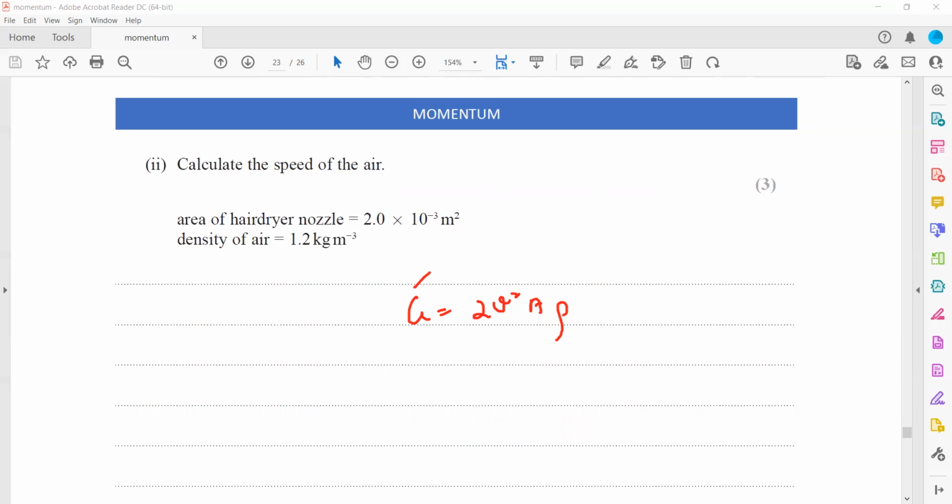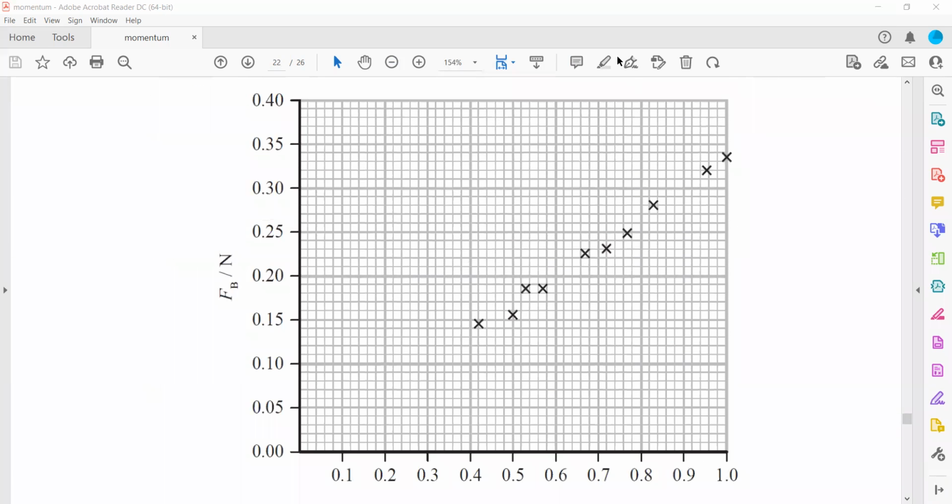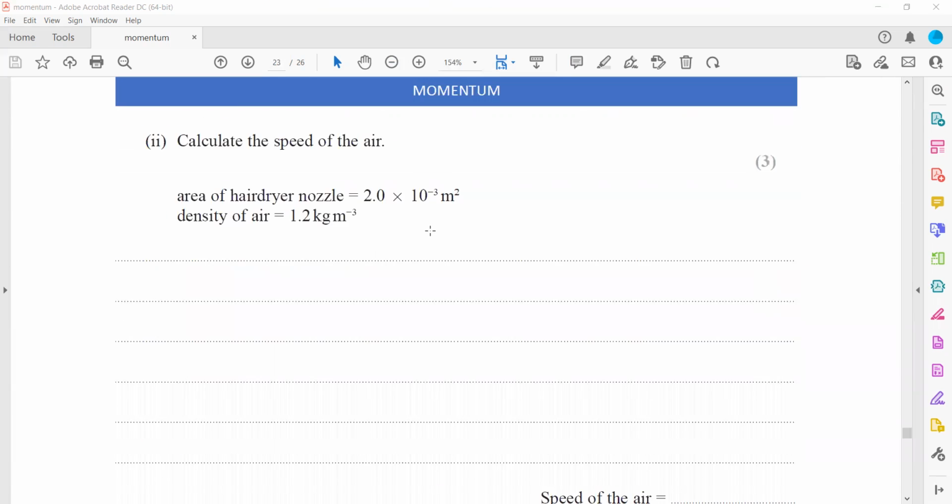So for this graph, you have to draw a best fit straight line first. After drawing the best fit straight line, find the gradient of this, which will be y2 minus y1 over x2 minus x1. And the gradient is equal to 2v squared Aρ. So you will get the gradient from the graph, the area is given, the density is given, so you can work out the speed at which this air will come out from the hairdryer.